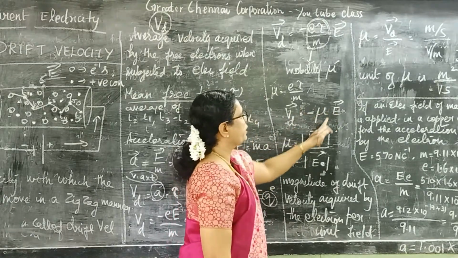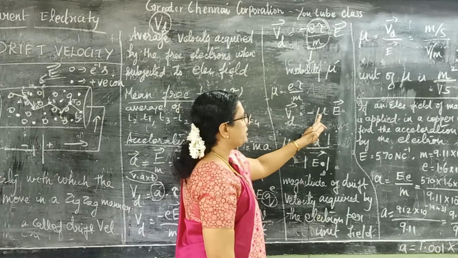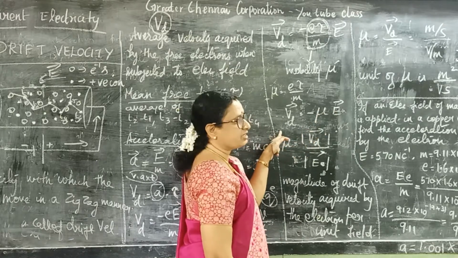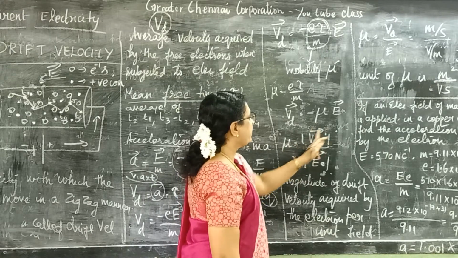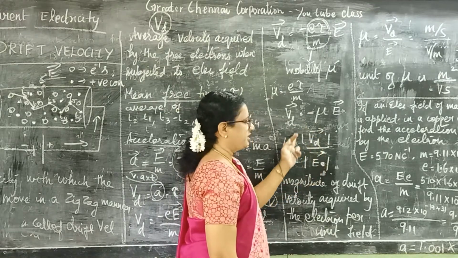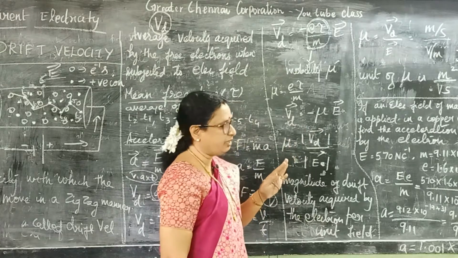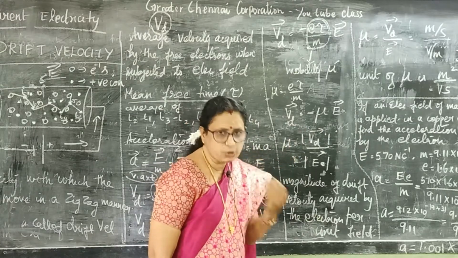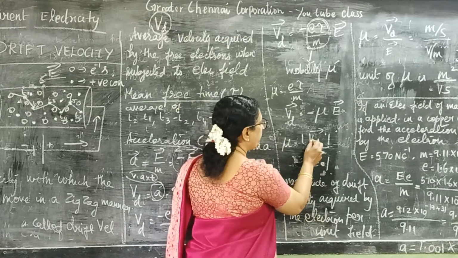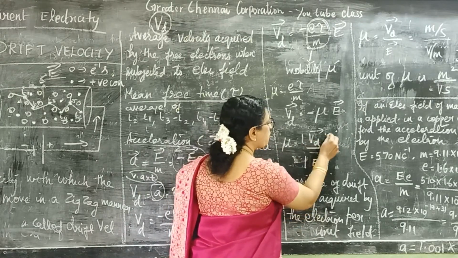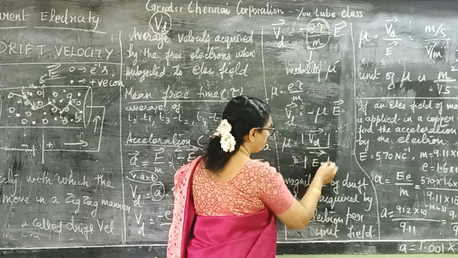So we are going to define the mobility. Keeping mobility mu here, take this electric field to this side, it will come to the denominator. Mu is equal to Vd vector by E vector. You can just remove the negative sign because we are going to consider only the magnitude for defining the mobility. Mu is equal to magnitude of Vd vector by magnitude of E vector.